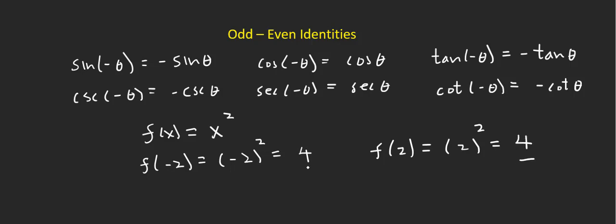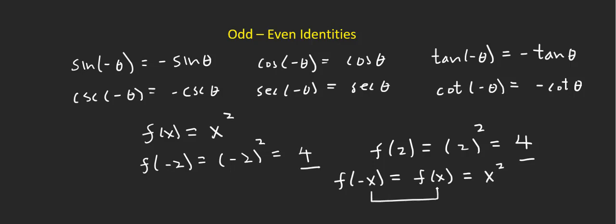Have you noticed that you got the same result whether you put in negative 2 or positive 2? That's what an even function will do. Even though you put in negative x instead of x, it will still be f of x, which is x squared.